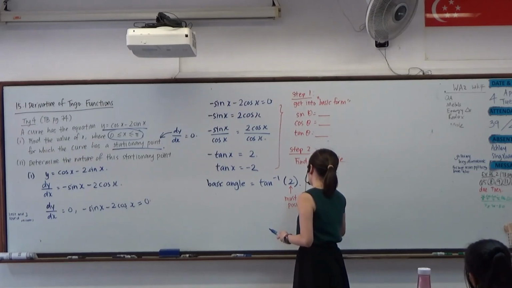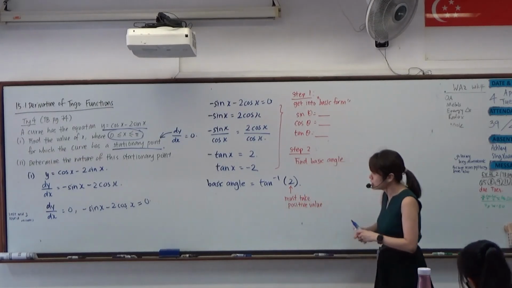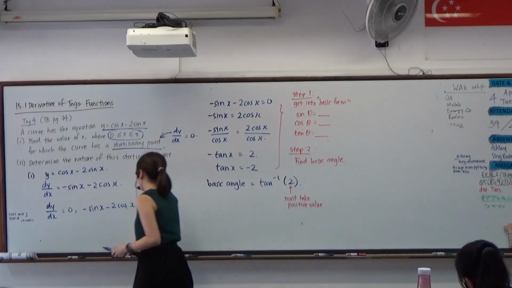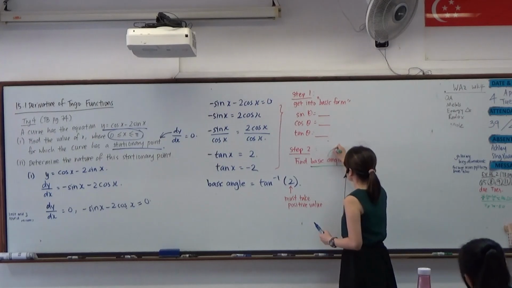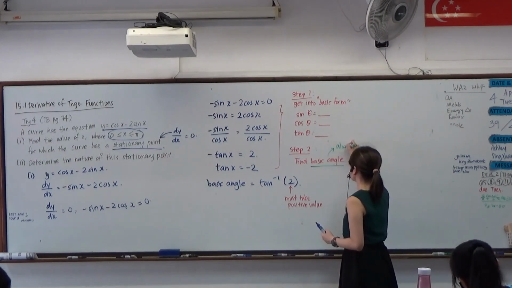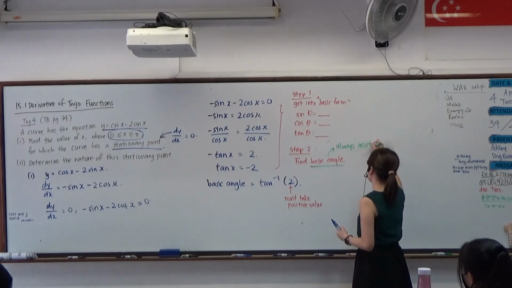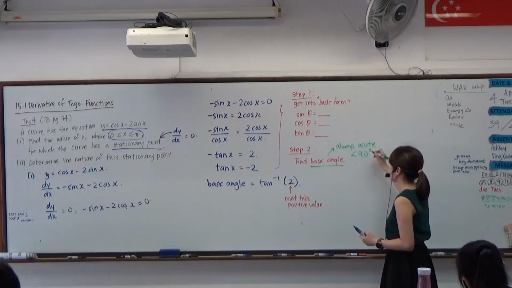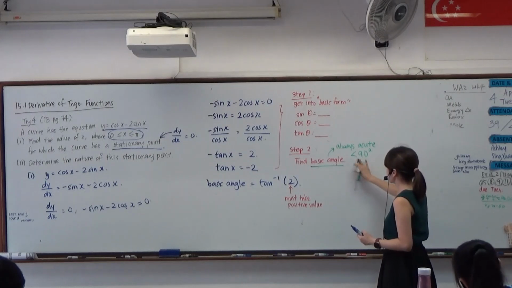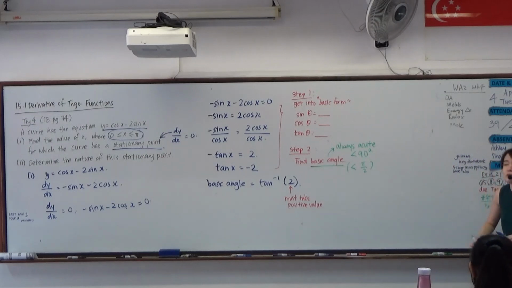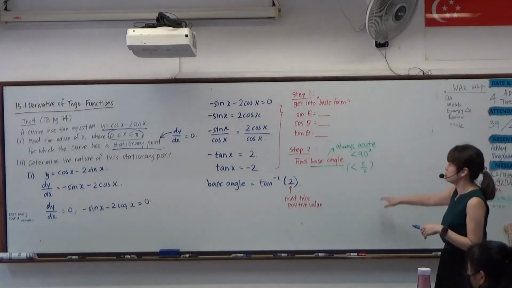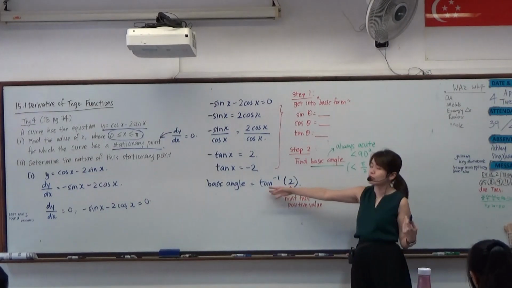Because basic angles are less than pi over 2. So if you were to take tangent inverse of negative 2, you may not get an acute angle, depending on the trigo function.